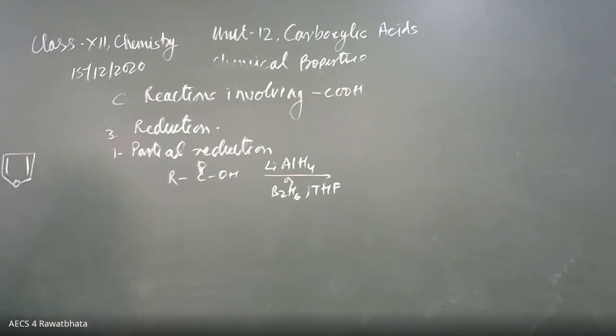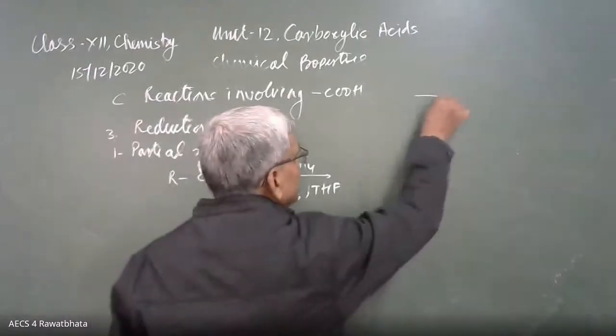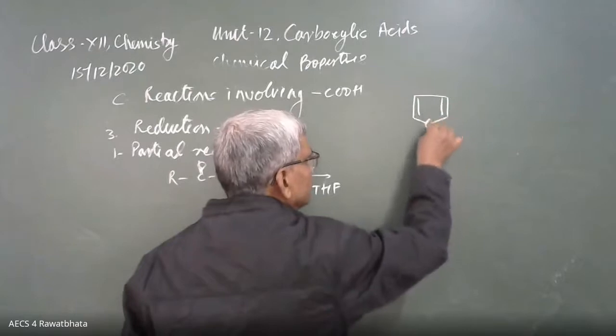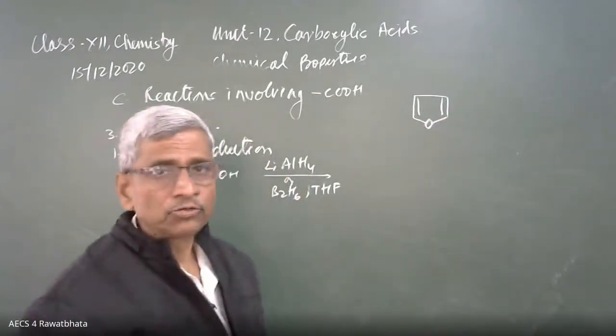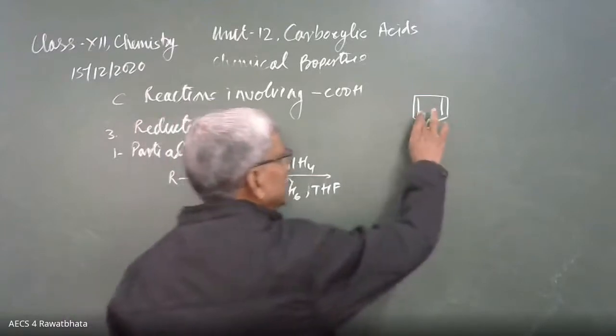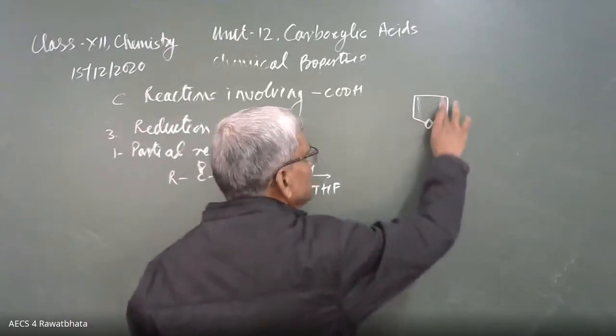You are unable to see. Okay, let me write somewhere else. This compound is a heterocyclic compound. It is called furan. Tetrahydro means when it is hydrogenated, pi bonds are broken and 4 hydrogen atoms join to this.